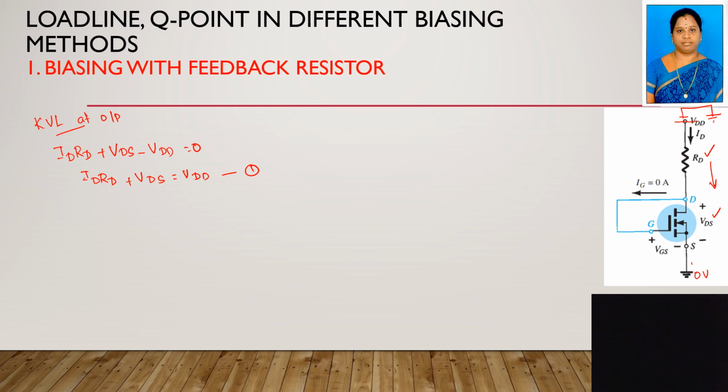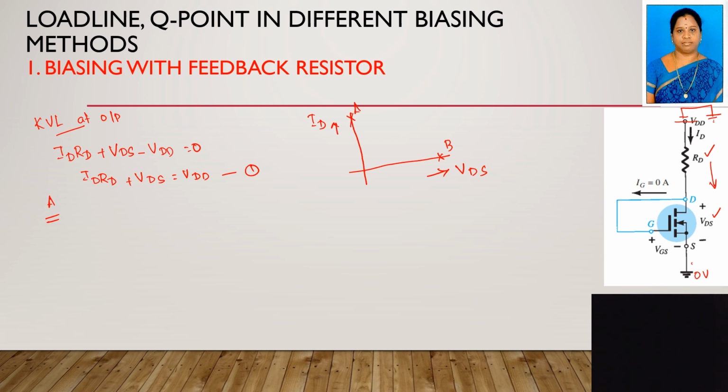So if you want to draw the load line, we want 2 points, right? See here, this is your load line. In the x-axis you have the VDS, in the y-axis we have the ID. This is point A, this is point B. If you want to locate this point A, you have to apply VDS equal to 0.